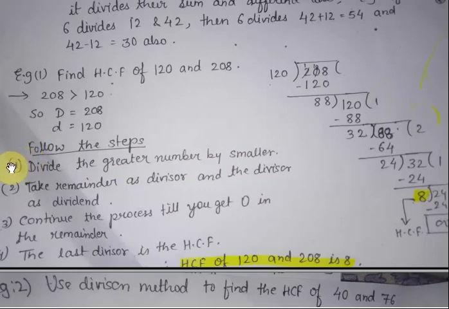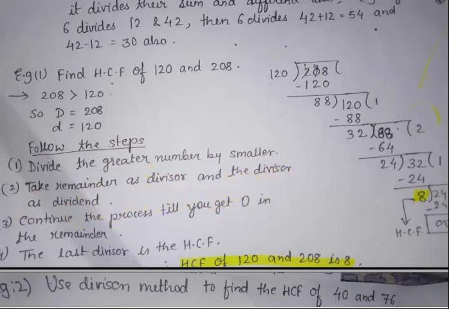First of all, divide the greater number by the smaller number. Here the greater number is 208 and the smaller number is 120. Now take the remainder as a divisor and the divisor as a dividend.